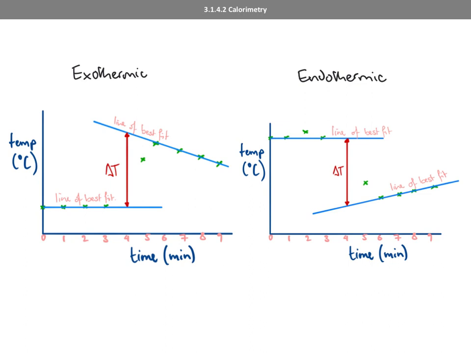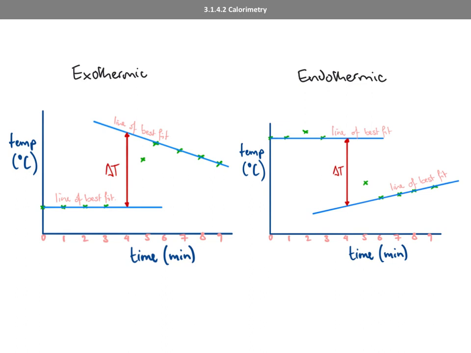Now, exam questions have featured quite heavily on this core practical, and they can ask you to describe the method, or how you would arrive at the results you needed to do the calculation. That would include talking about measuring the temperature every minute, adding the second reactant at the 4th minute, recording the temperature for a further 10 or so minutes, and then plotting a graph of temperature versus time.